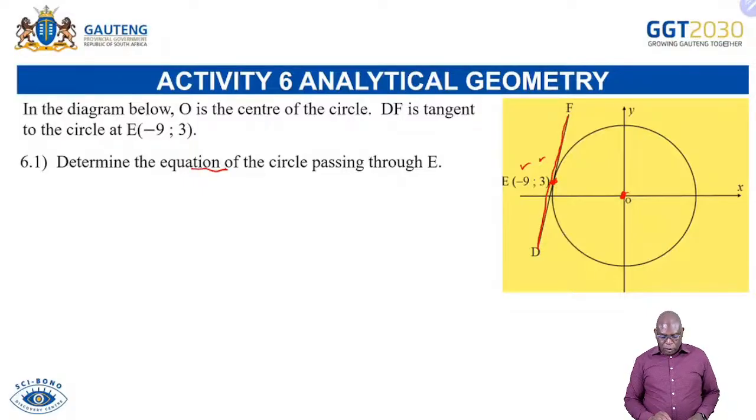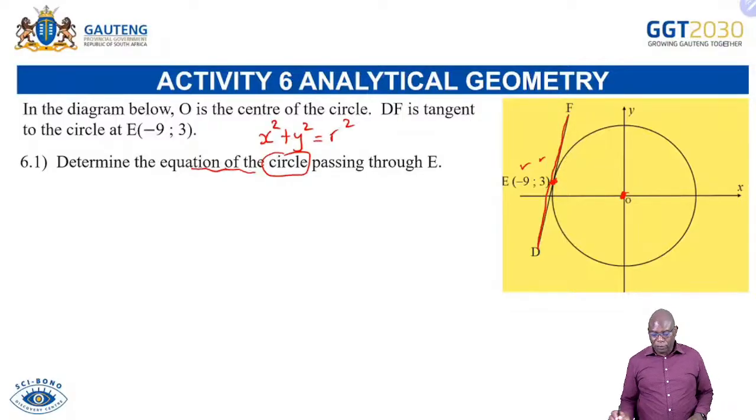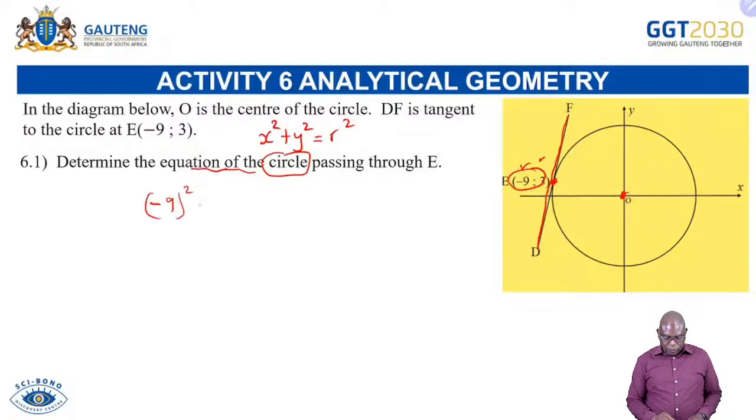Once we find the equation of the circle, what do I know about the circle? It's x squared plus y squared equals r squared. You must know this. The formula is there in the formula sheet. So, you remember I said you can be given a point to get the equation. So the point is given: -9 squared plus 3 squared equals r squared.